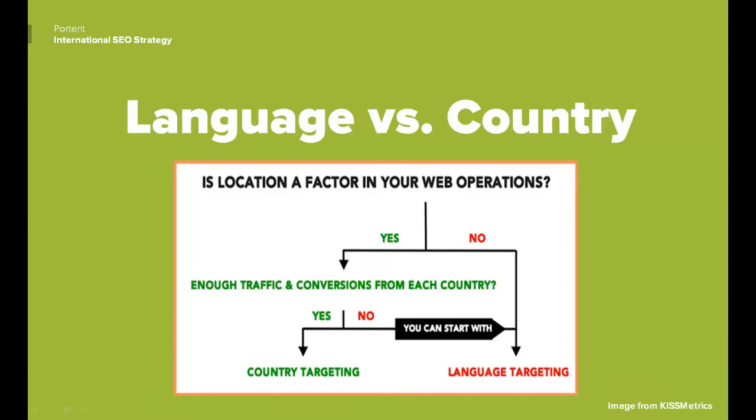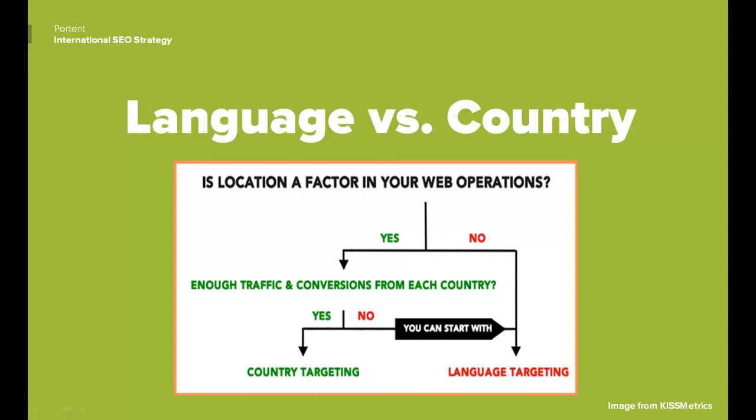Another really common question about keyword research and how you should go about targeting your markets is, should you target by language or country? So here's this great graph from Kissmetrics. I recommend following this when you're trying to evaluate, should I go by language or country?